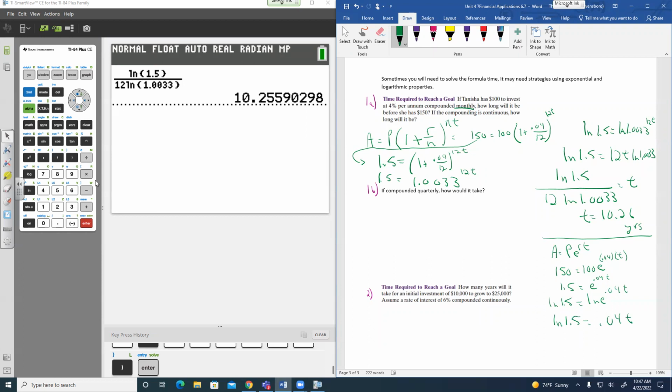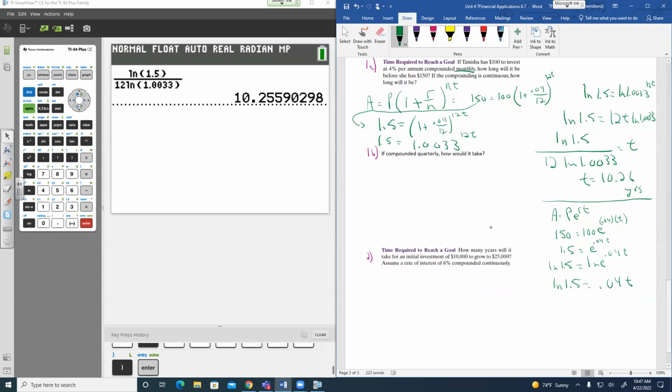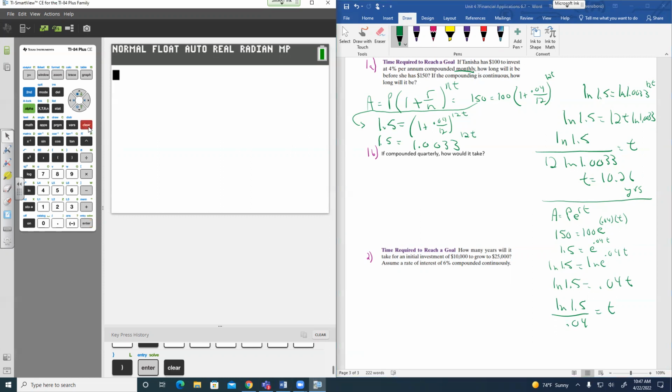Divide both sides by 0.04. So we end up with the natural log of 1.5 over 0.04. And that does equal my time. So that one actually worked a little better doing continuously, not as much to deal with that E. Again, it looks like a fraction, so I'm going to go ahead and use that alpha button.